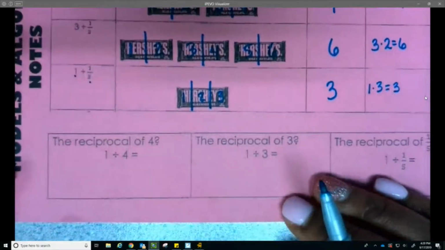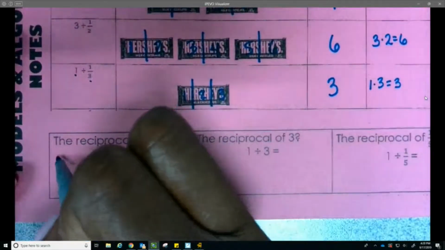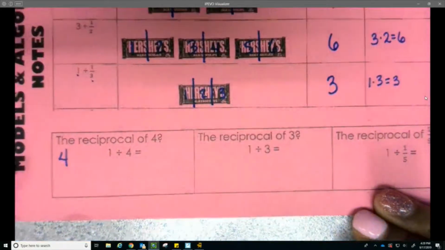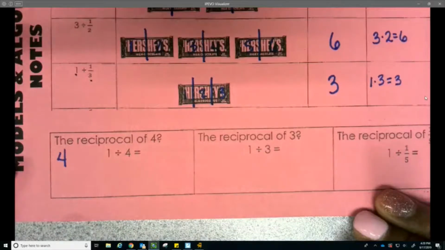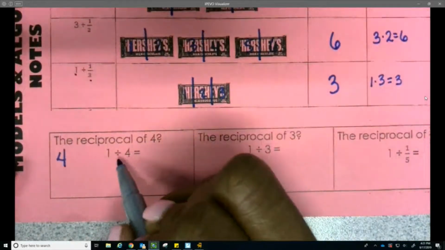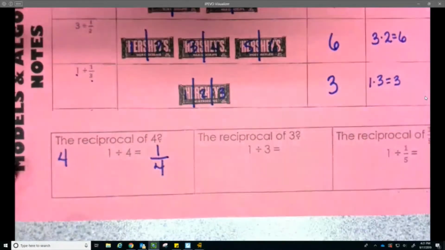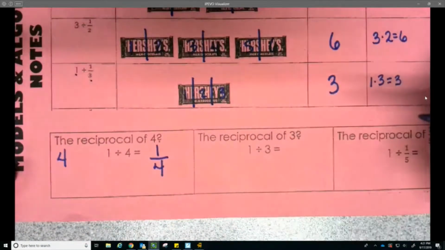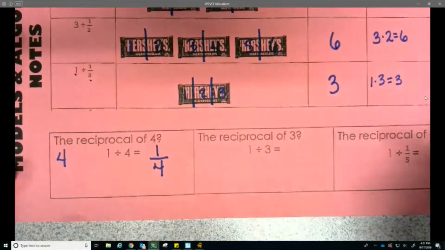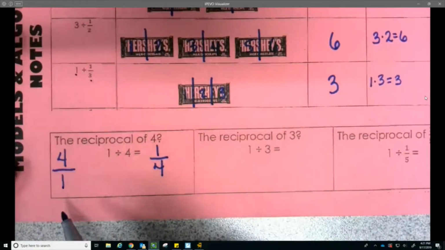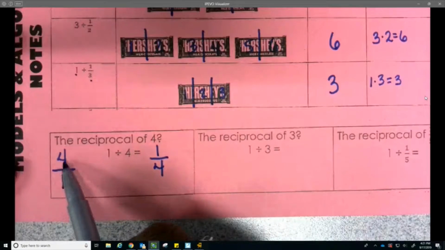It says the reciprocal of 4. So the number 4 is written like this, and then it says the reciprocal of 4 is 1 divided by 4, which is the same thing as 1/4. So the reciprocal is actually flipping the numerator and denominator, because 4 is the same thing as 4 over 1. 4 divided by 1 is still 4, so I didn't change this number.